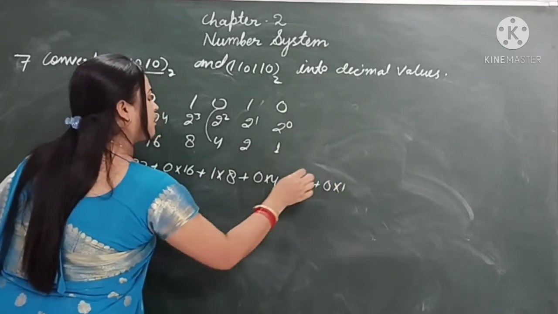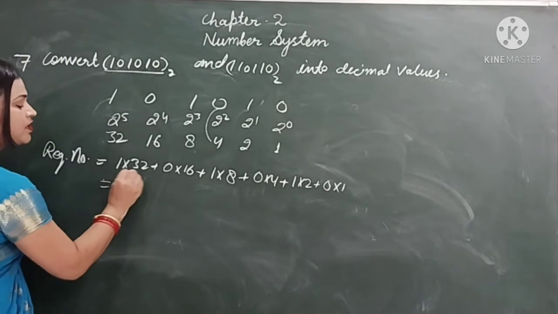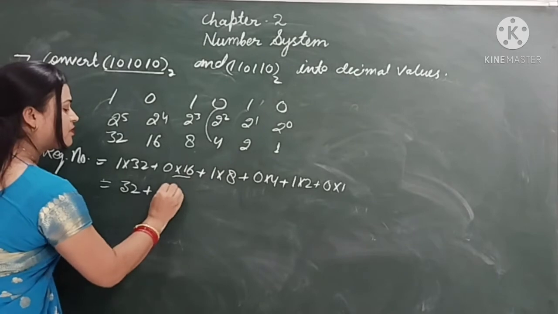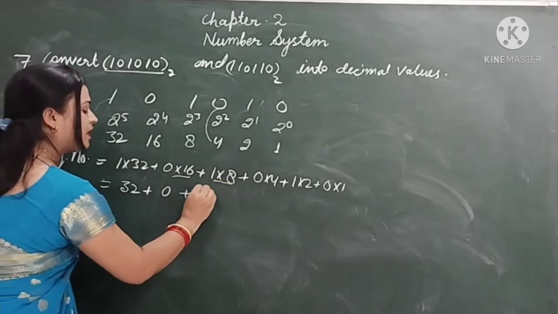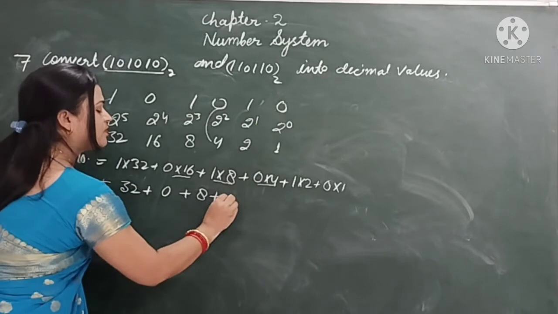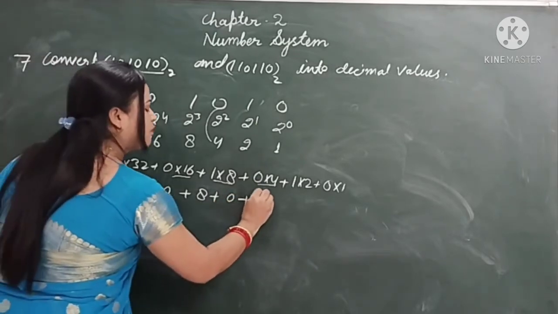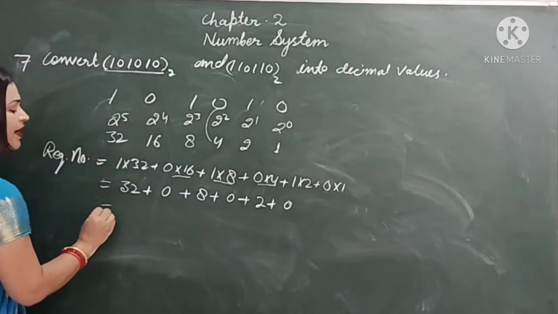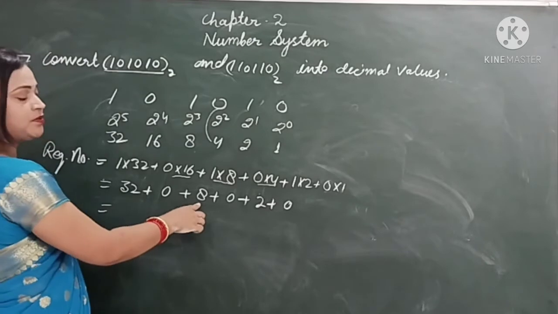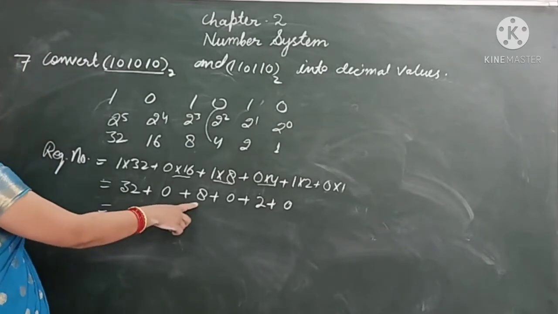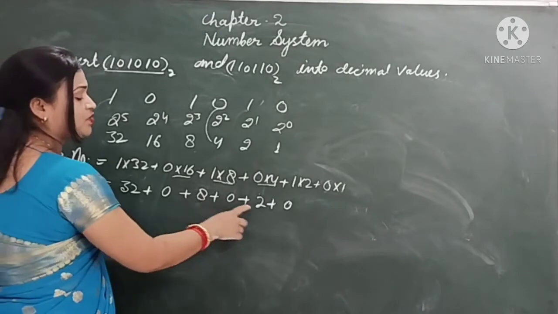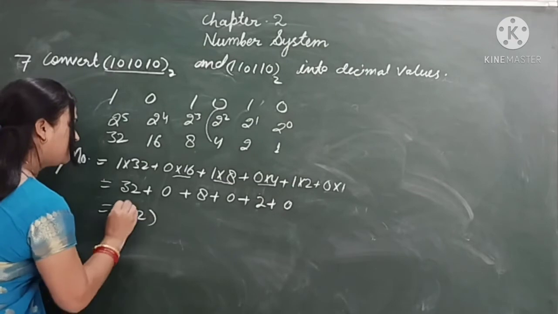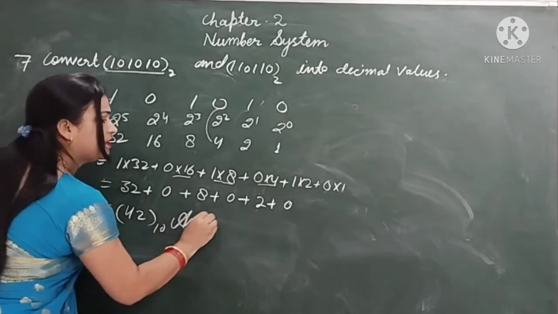Okay, multiply these: 1 into 32 is 32, plus 0, plus 1 into 8 is 8, plus 0 into 4 is 0, plus 1 into 2 is 2, plus 0 into 1 is 0. Now add all these: 32 plus 8, 40 plus 2, 42. So the answer is 42 base 10. This is our answer.